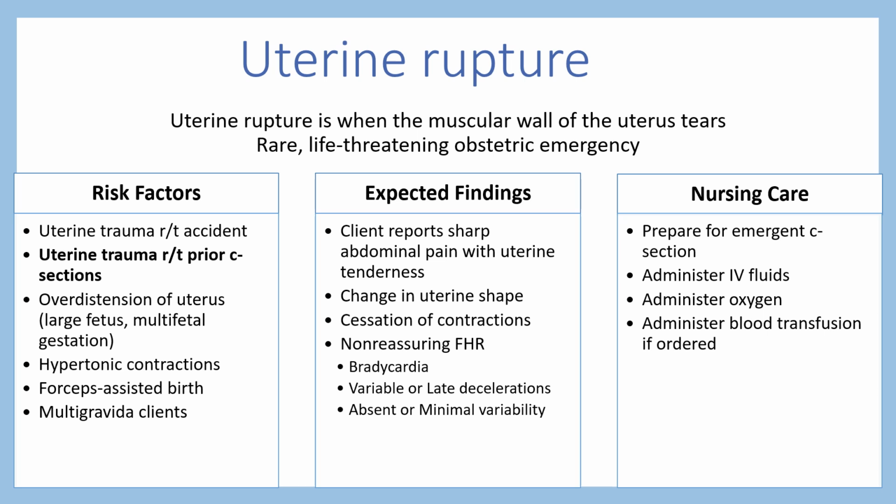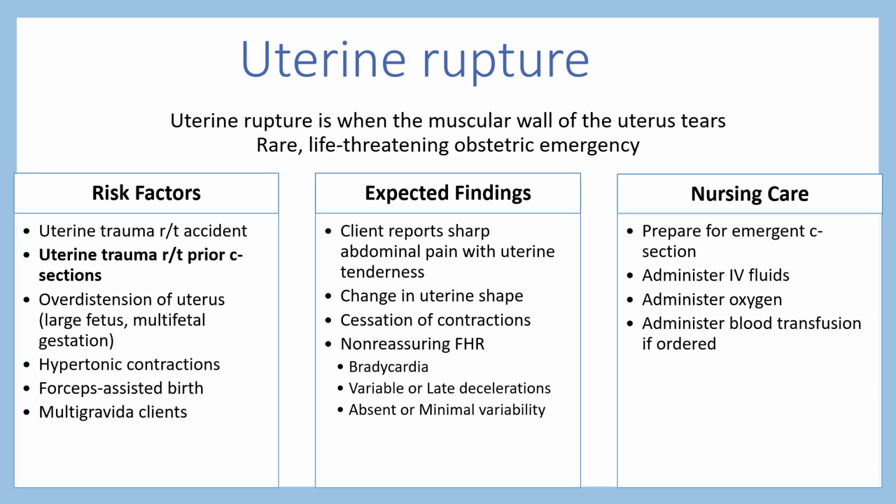When a client experiences a uterine rupture, they will report a sharp abdominal pain with overall uterine tenderness. The nurse may assess a change in uterine shape, sensation, or complete stop of contractions, and non-reassuring fetal heart rate patterns such as bradycardia, variable or late decelerations, or abnormal and minimal variability.